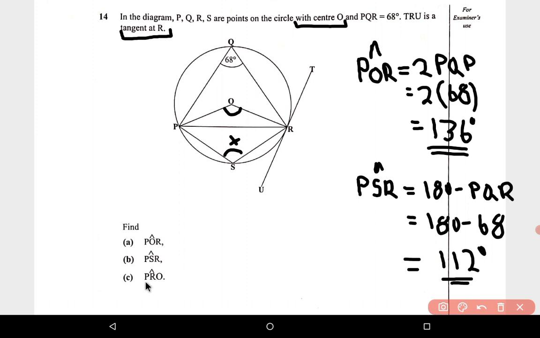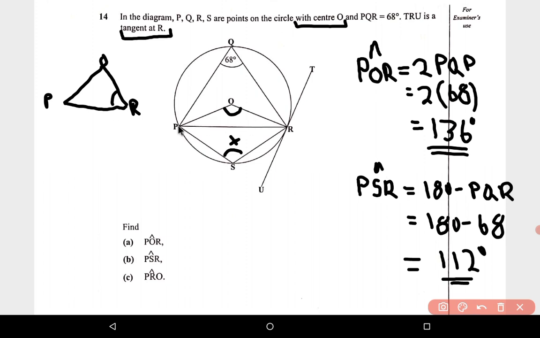PRO. Again, this is pretty much easy. I'm going to draw this triangle here just to explain a property. This is P, this is R, and they are asking us to find PRO, which is this one. Now look at this.